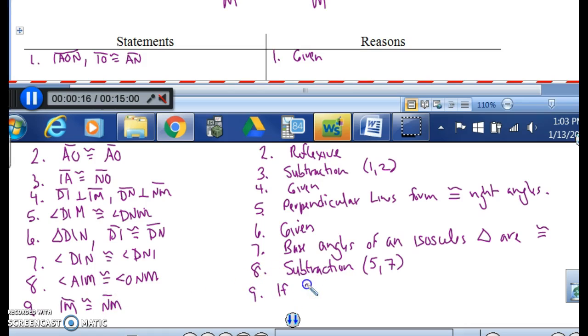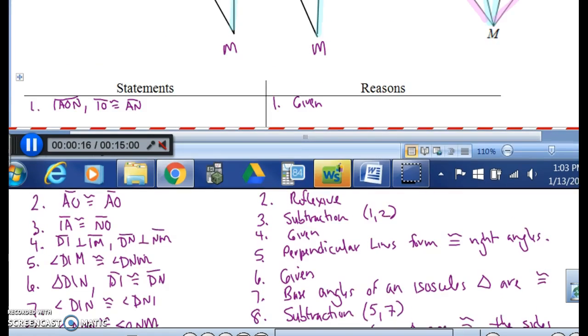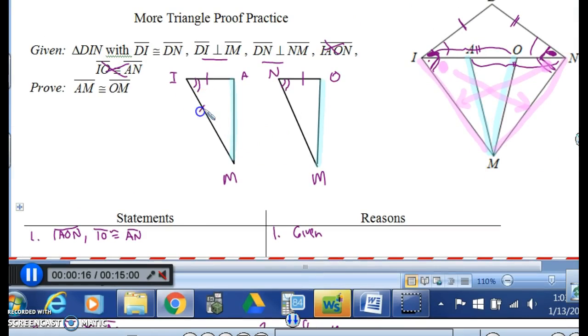Now that's the base angles theorem, its converse, switched around. So if two angles of a triangle are congruent, the sides opposite them are congruent. Okay, so we have now proved that IM is congruent to NM. So that means the triangles are now congruent.